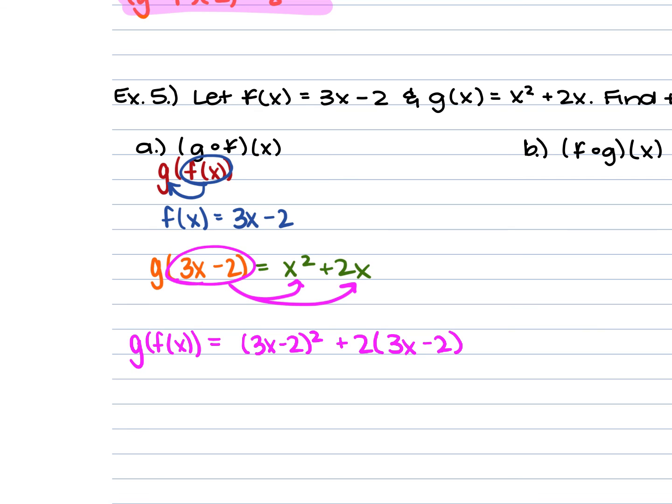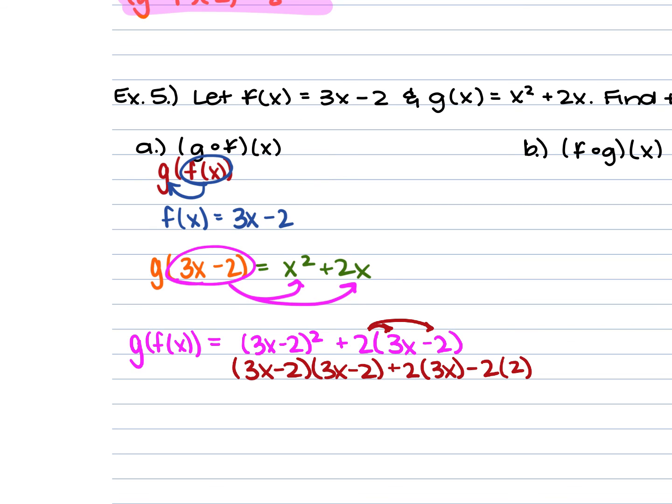We are going to have to FOIL here, so that (3x minus 2) squared is (3x minus 2) times (3x minus 2). And then we're also going to distribute that 2 into the 3x minus 2. So we're going to have 2 times 3x minus 2 times 2.